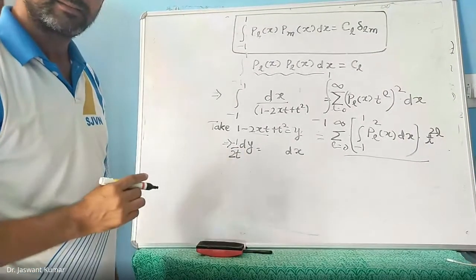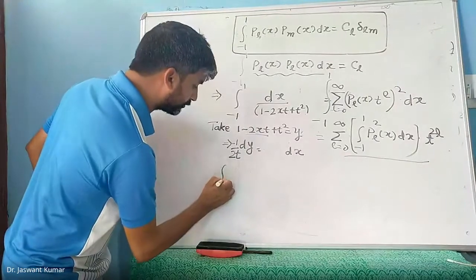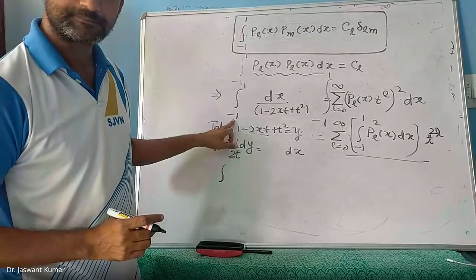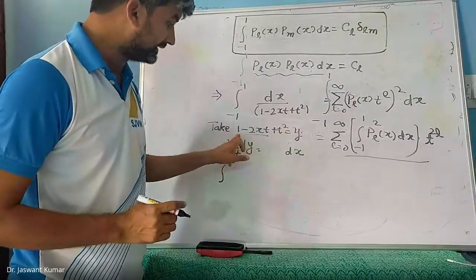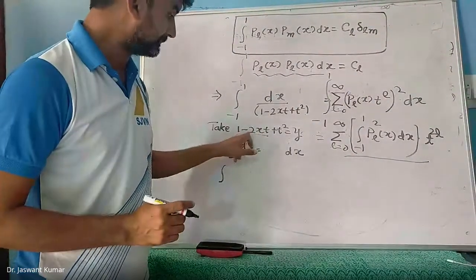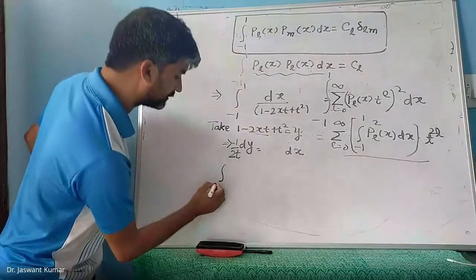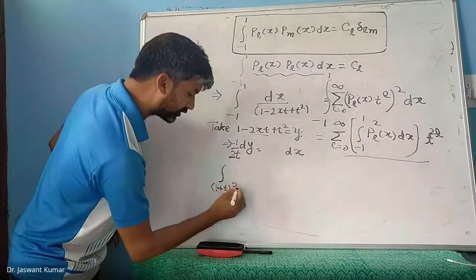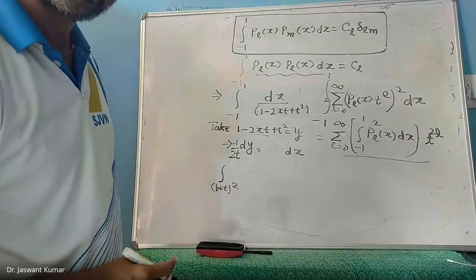Correct? Okay. Let us change the limit. What will be the lower limit? The lower limit was x is equal to minus 1. So if x is equal to minus 1, then y lower will be 1 minus 2 times minus 1, which will be plus 2t, so 1 plus 2t plus t square, which is 1 plus t whole square. Correct or not? Yes, sir.